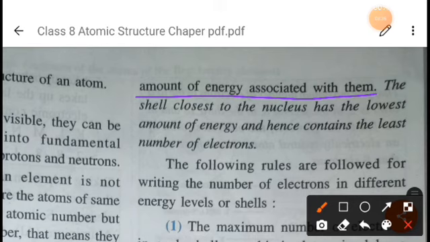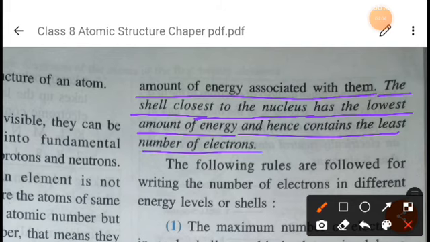Now next, it says that the shell closest to the nucleus has the lowest amount of energy and hence contains the least number of electrons. What I mean to say is that the first shell, which is called the K shell, has the lowest amount of energy, right? So that is why it will contain the least number of electrons, very few electrons, right?